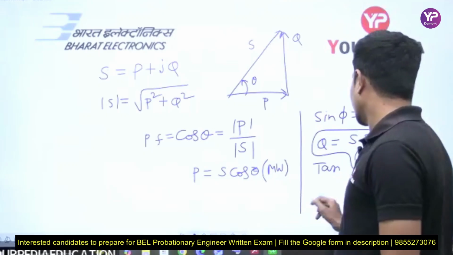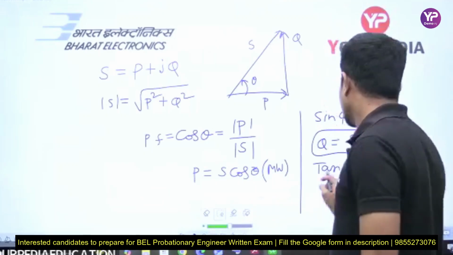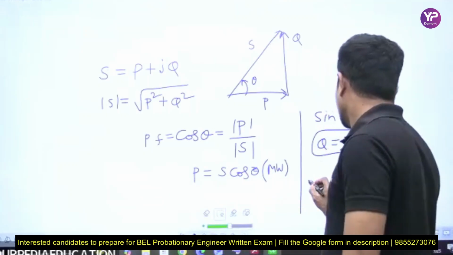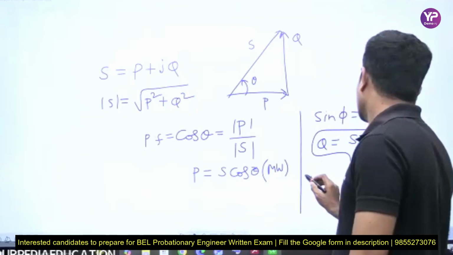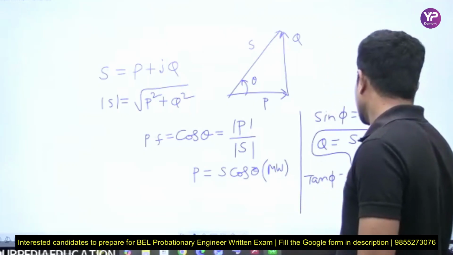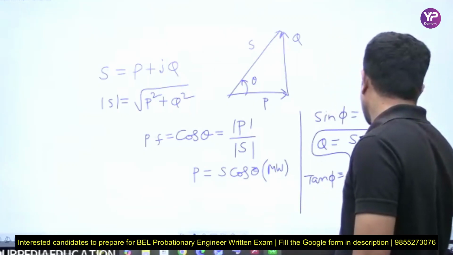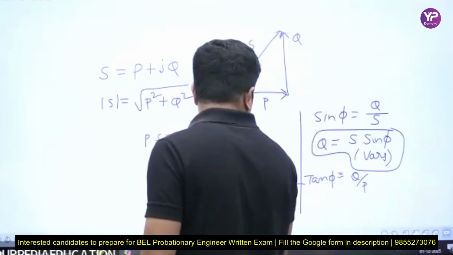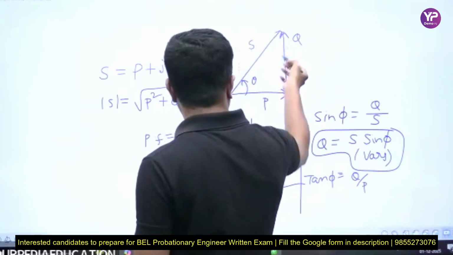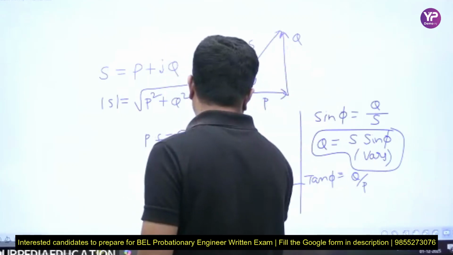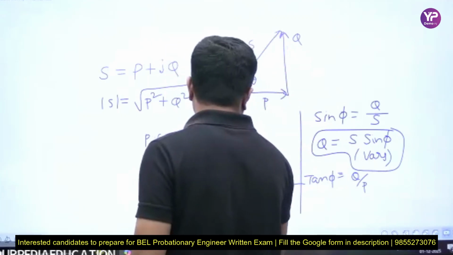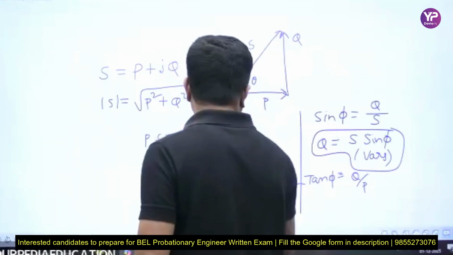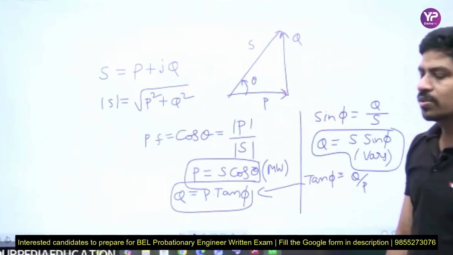Now tan phi is equal to Q by P, opposite side by adjacent side, so Q is equal to P tan phi. These are the useful formulas.